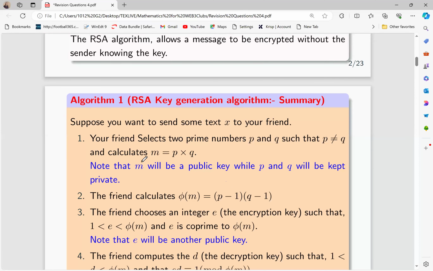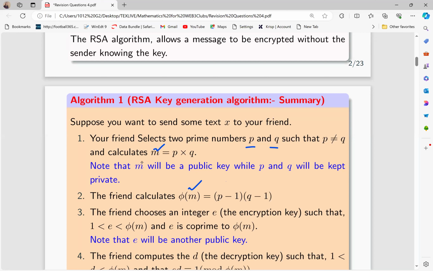Now, what has your friend done? Your friend, the one you're supposed to send a message to, has picked the two prime numbers, has calculated the product of the two prime numbers, and has also calculated Euler phi of M. Is that okay?